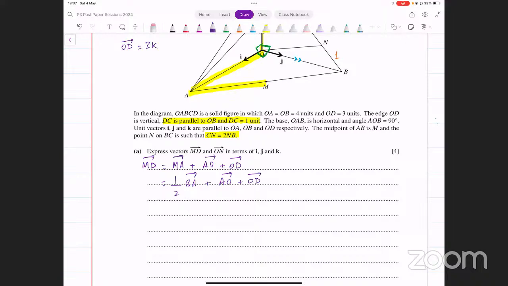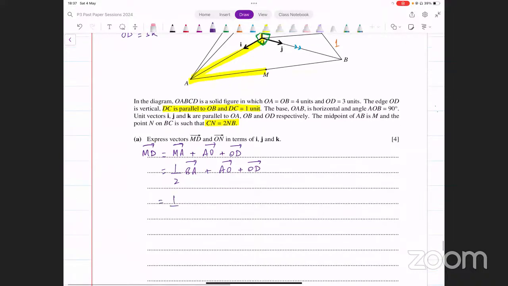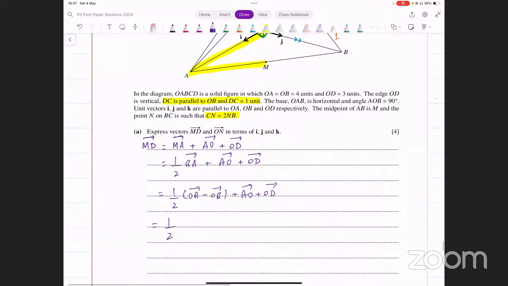And now what is BA? BA is basically OA minus OB, remember? Position vector of the second point minus the position vector of the first point: OA minus OB, plus AO plus OD. Now just write down those vectors and simplify them. That's 1 over 2 into OA.